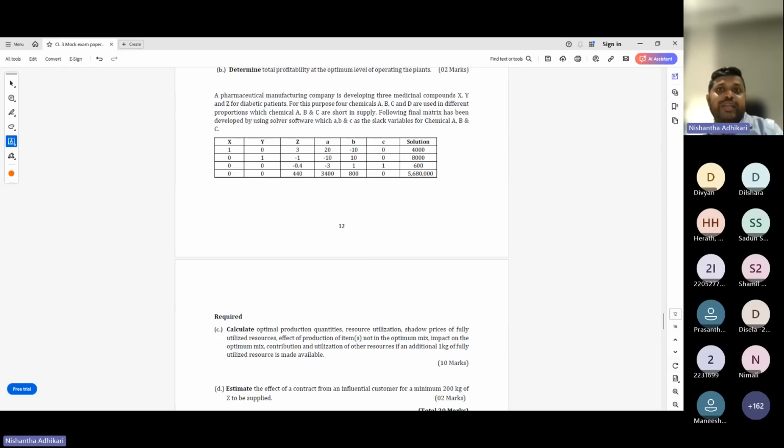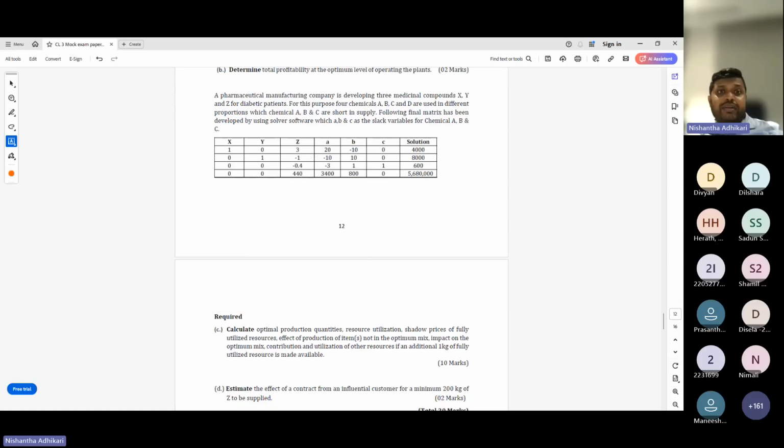Now if you look at this one, X, Y, Z are known as the products. A, B, C are known as the materials, right? Now you have received the final solution. Calculate optimal production quantities. X, this is the product column. If it appears as 1 and 0, they are in the optimal product mix.